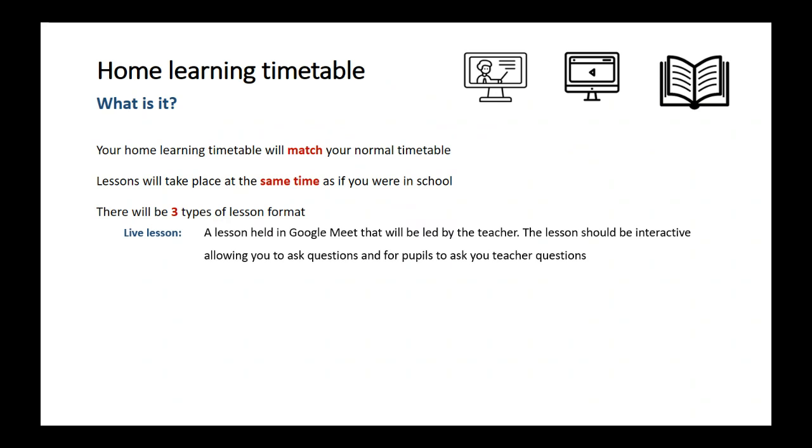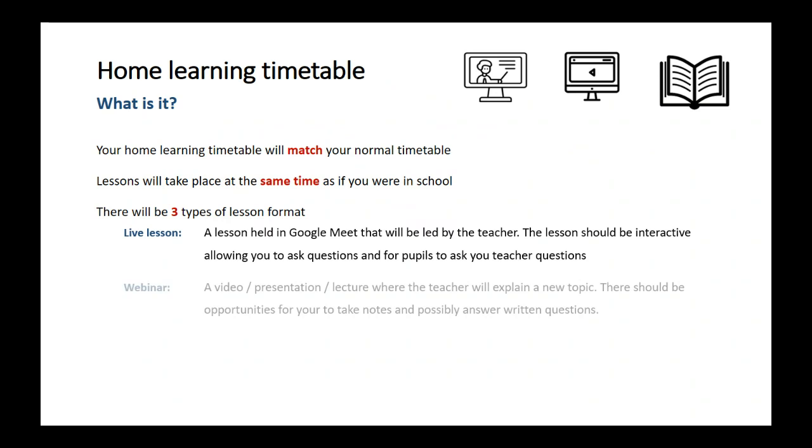There'll be live lessons. That'll be a lesson held in Google Meet, led by their class teacher, and that lesson will be interactive, which enables you as a teacher to ask them questions and for the students to ask you questions. The second type of lesson is a webinar. This could be a video presentation, kind of a lecture that you've recorded, or you can broadcast live, where you'll explain a new topic.